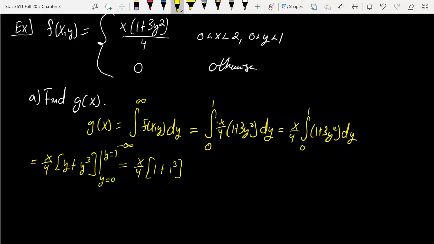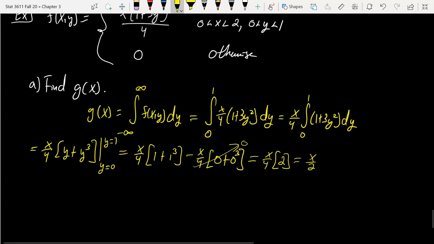That's 1 plus 1 cubed, minus x over 4 times the evaluation at 0, 0 plus 0 cubed there. So that second quantity zeroes out. And all we're left with is x over 4 times 1 plus 1, which is 2. So 2x over 4, or x over 2.